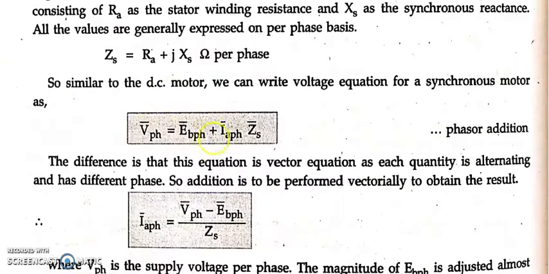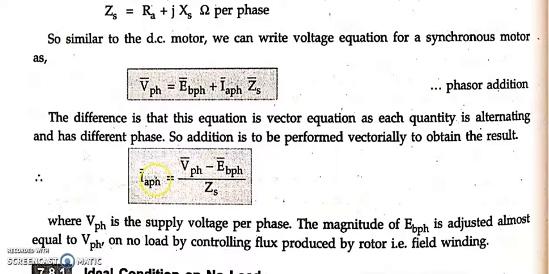Similar to the DC motor, I can write the voltage equation for the synchronous motor: V phase equals EB phase plus IA phase into ZS. This is a phasor addition of the induced EMF and the drop due to the synchronous impedance. Rewriting in terms of armature current, IA phase equals V phase minus EB phase, divided by ZS.